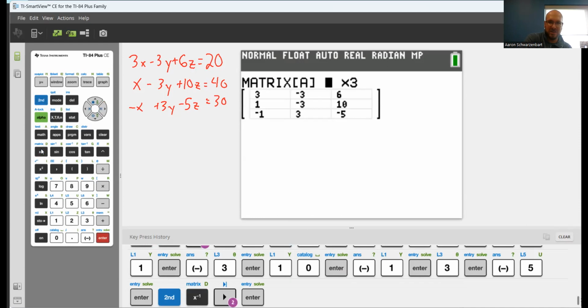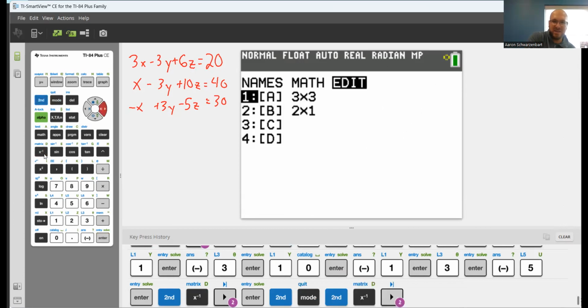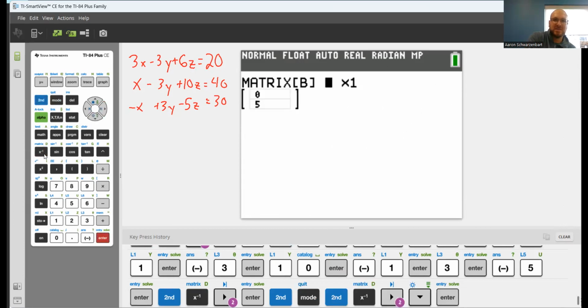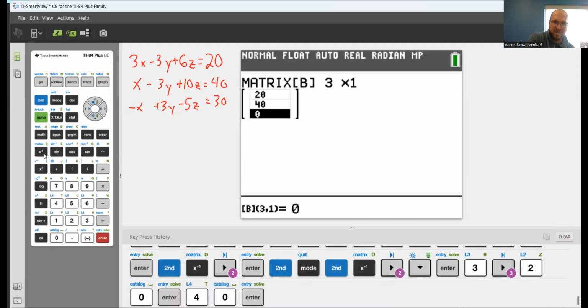I didn't want to edit this matrix. I want to edit matrix B. So you edit the one you want to edit. 20, 40, 30.